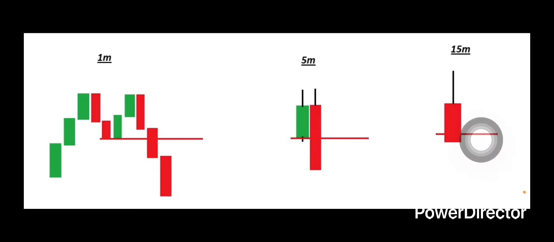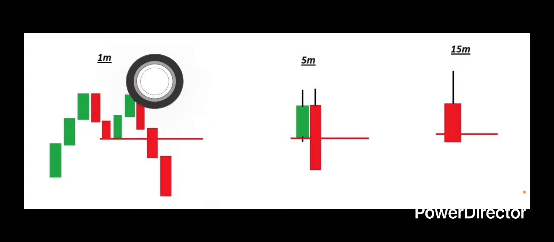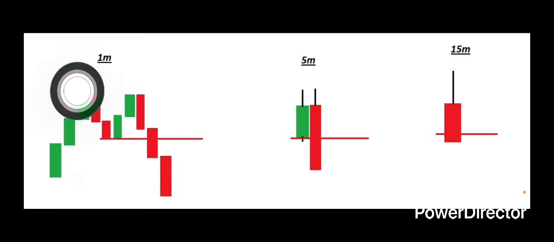This is also important to understand if you're going to be using different time frames, because some people want to enter on the 5-minute, some on the 15-minute, and other people like me are trading on the 1-minute chart when we get to the level. On a 1-minute chart, you're going to have this M pattern.